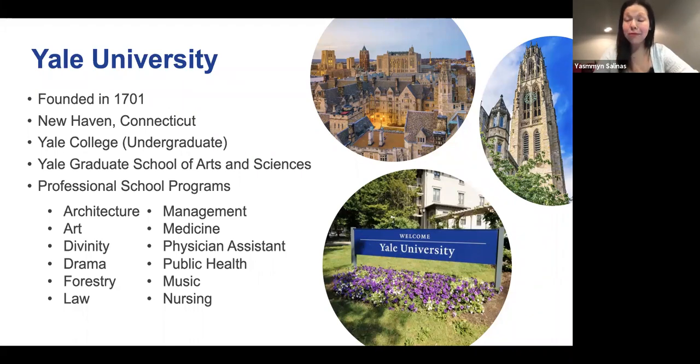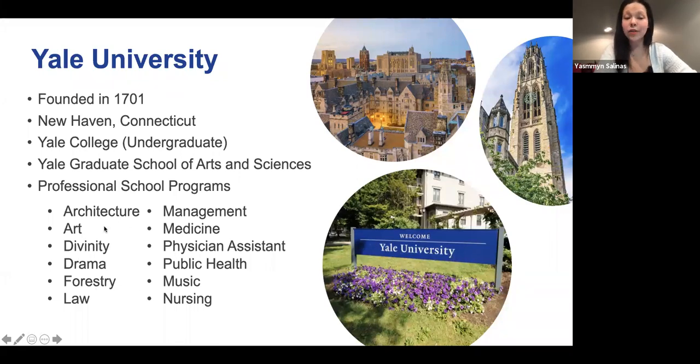Yale is a really, really large university. It has a wide array of programs, different departments, different schools. It includes Yale College, which is where the undergraduate programs are. It includes the Yale Graduate School, where we house our master's students and our doctoral students. And we also have a wide range of professional school programs.